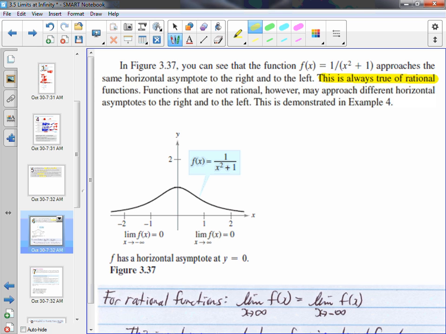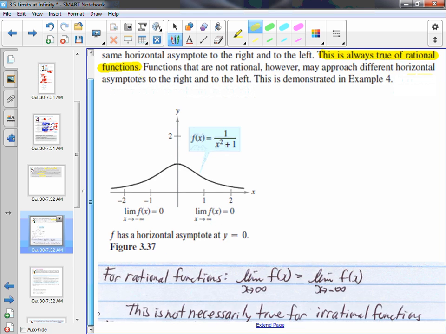For a rational function, the limit as x approaches infinity and the limit as x approaches negative infinity are always equal. Not rational functions, however, may approach different horizontal asymptotes to the right and to the left.